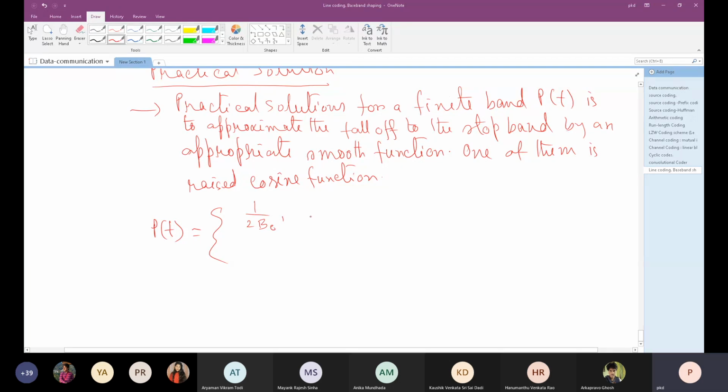So this is a function where it is defined by a constant 1 by 2b0 if mod f is less than a frequency f1.